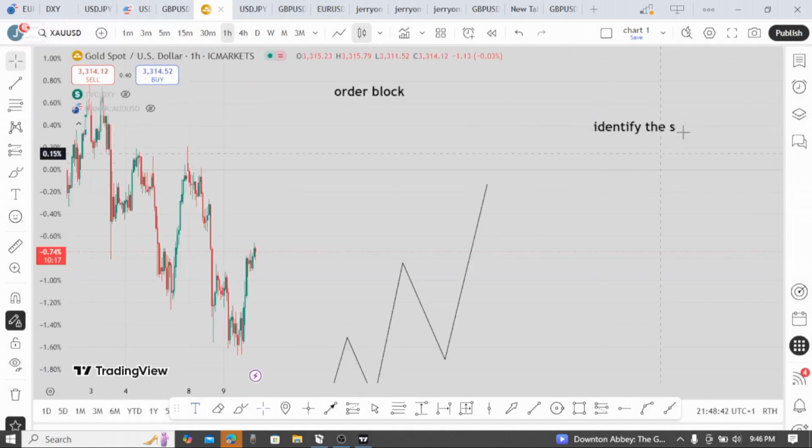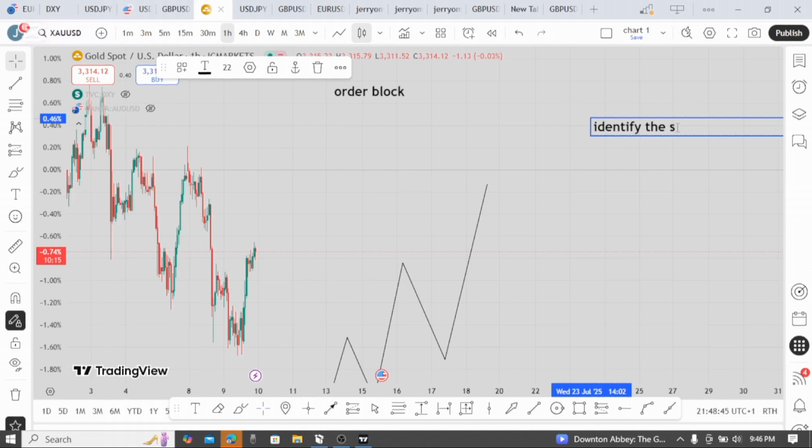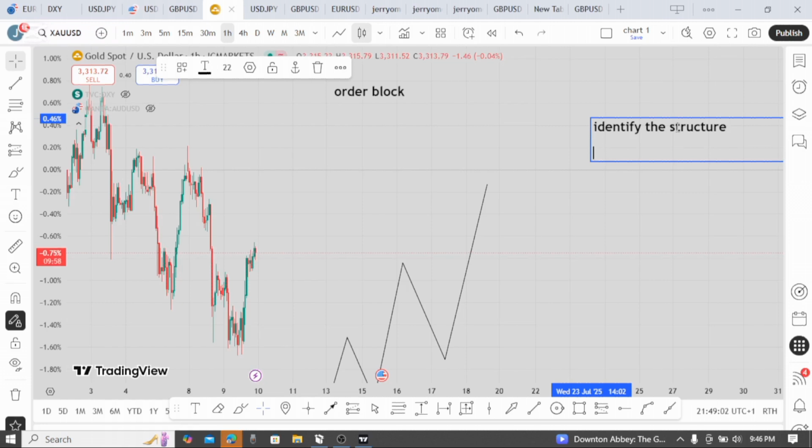Secondly, once you have identified the structure, what you need to do next is identify the break of structure zone.